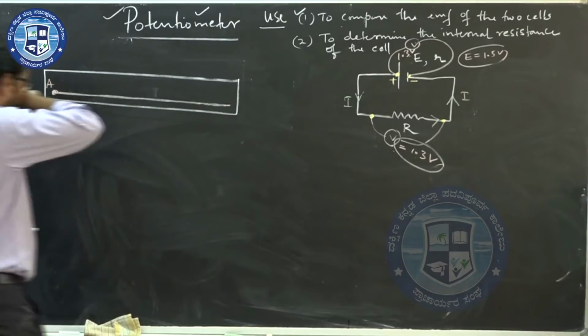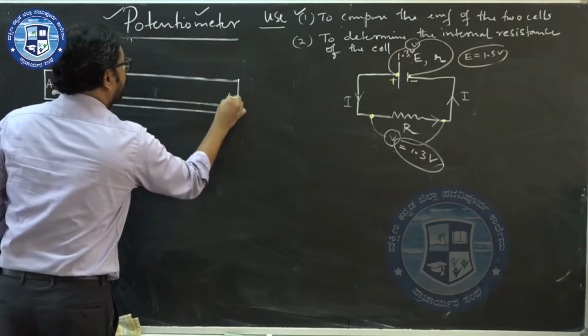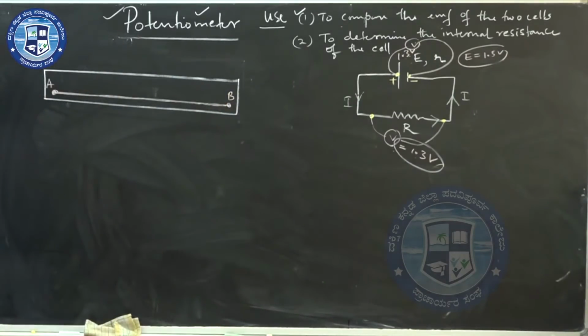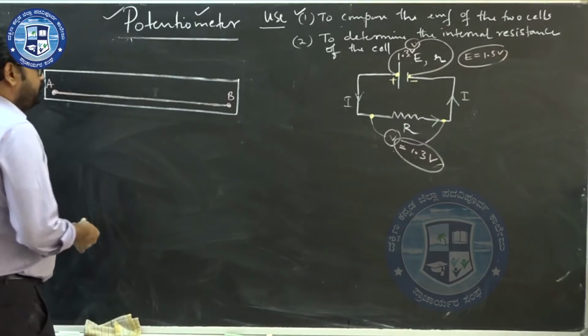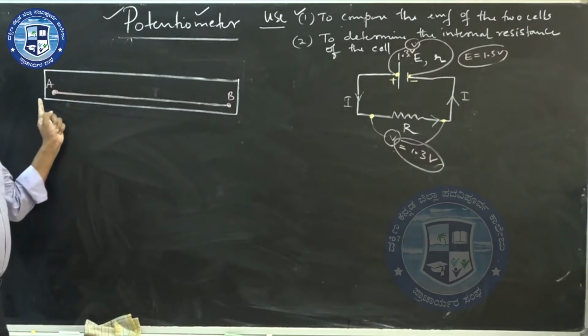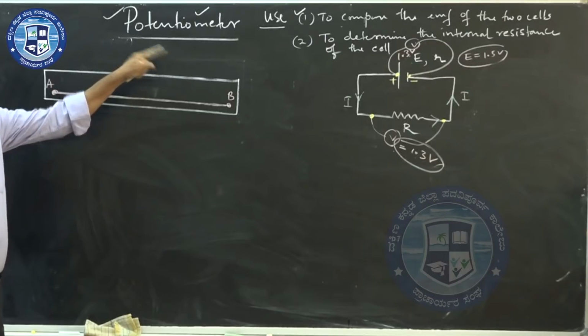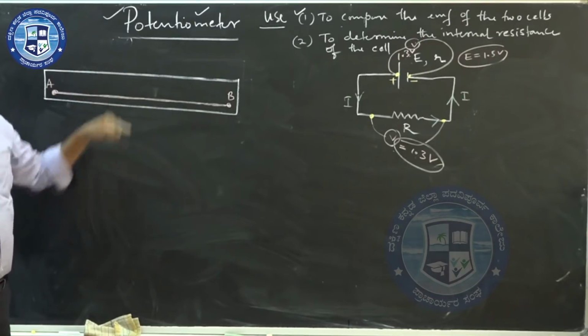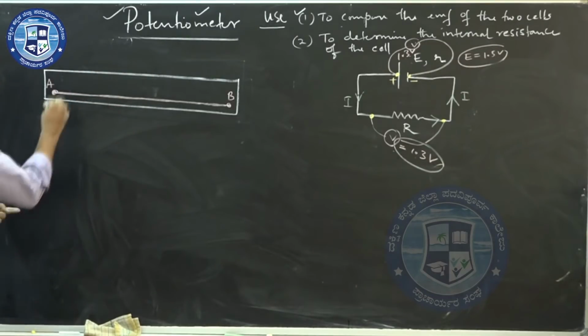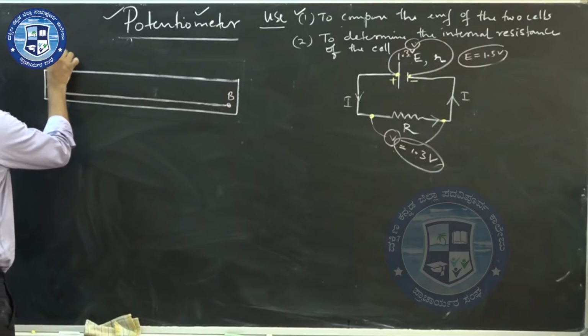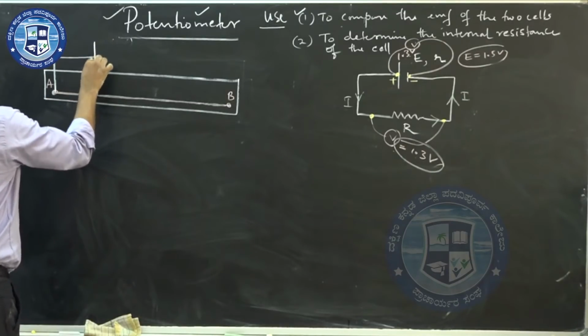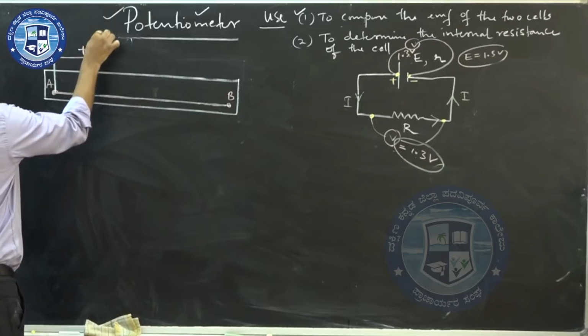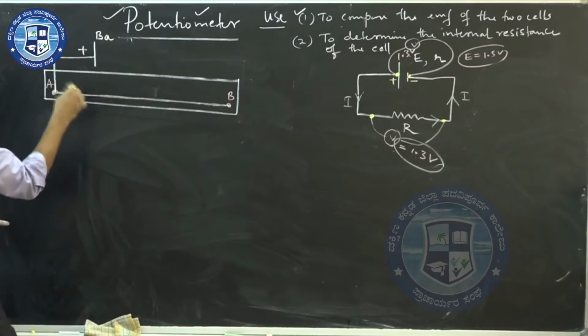Between the two terminals, there is an alloy wire of length 1 meter, fixed. Again, no change in the upper part of the circuit connections in the diagram. From A, using copper wire, connection is given to the positive terminal of the battery. I'll use the word battery for this.